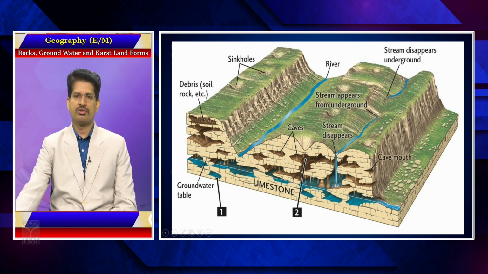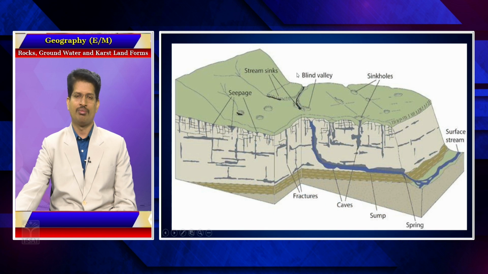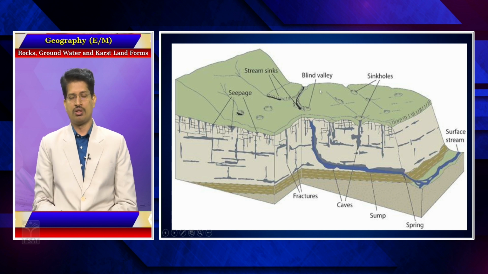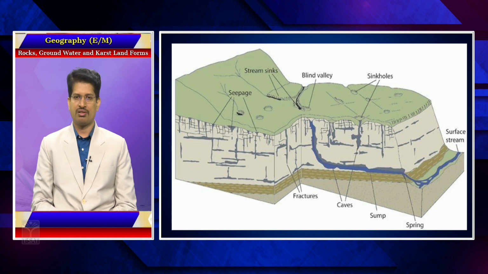The stream disappears into the sinkhole and swallow hole. This is known as a blind valley. In the examination they may ask you what is a blind valley, a sinkhole, a swallow hole, a stalagmite, a stalactite, a pillar or column, a chamber or a cave.